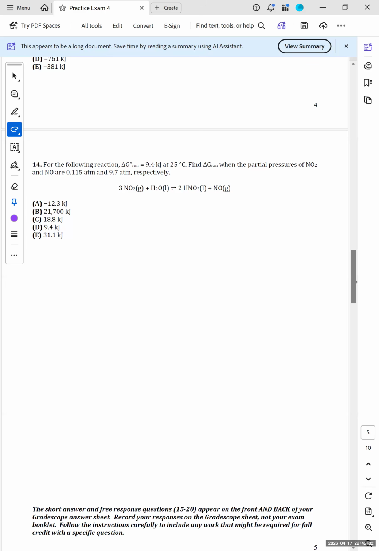So knowing this, I would just write out what we know to start off with. So I'm going to use this equation.